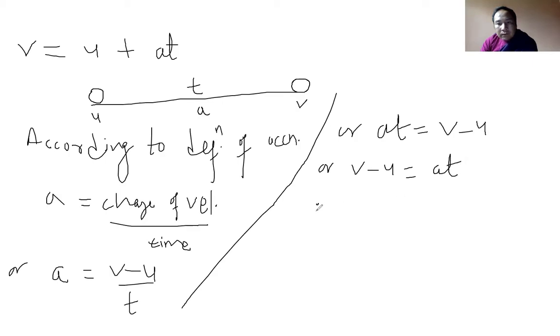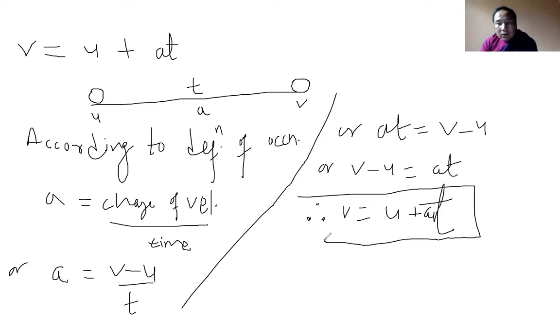So finally, v equal to, when u goes this side, it will be plus u, and at. In this way, the formula v equal to u plus at is proved.